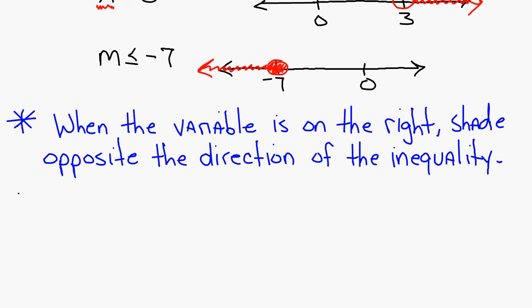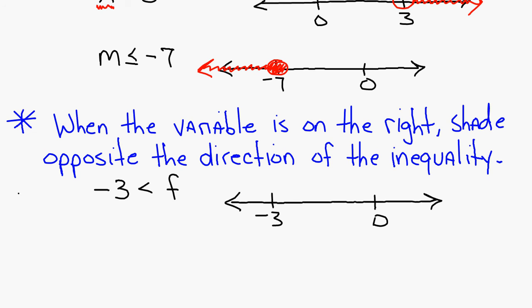Here's what that means, is that if negative 3 is less than f, then on your number line, you still put a negative 3 and you still put your 0. Less than means that it's an open circle. So we're an open circle here. Now, if this variable's on the right-hand side, you're going to shade opposite the direction of the inequality.